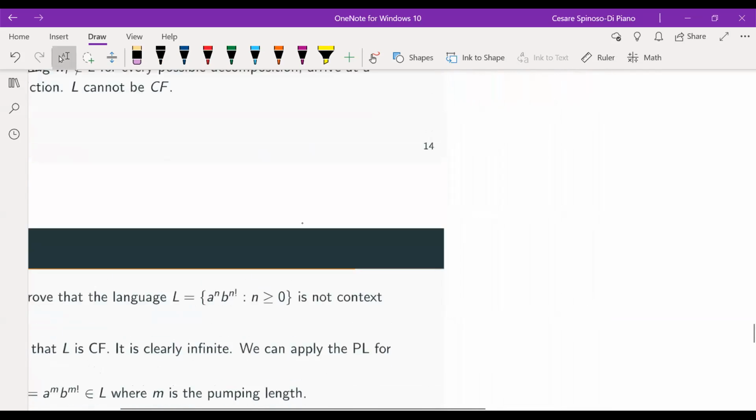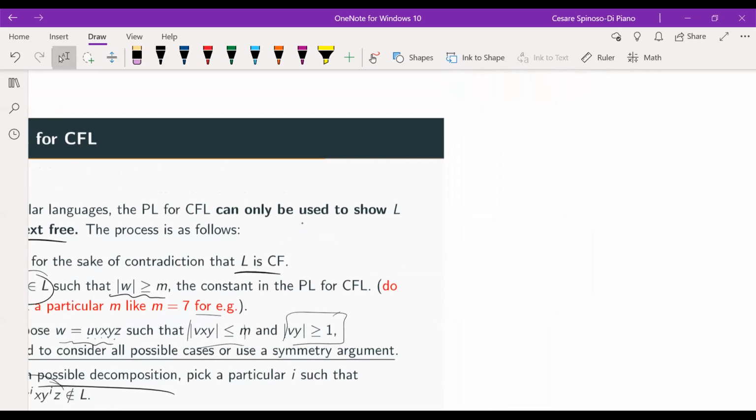So I have an example here, which I'm not going to do because I'm not going to have time. But I just said that a^n b^n c^n is not context free. So I hope no one's covered this proof yet, because otherwise I'm going to bore some of you. What you would do here is pick W as a^m b^m c^m.